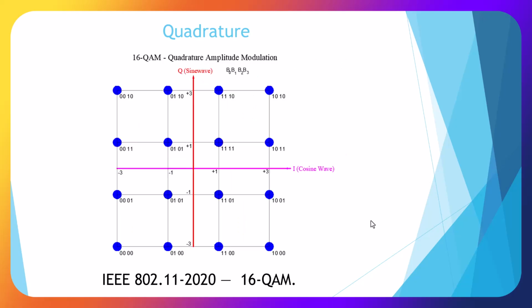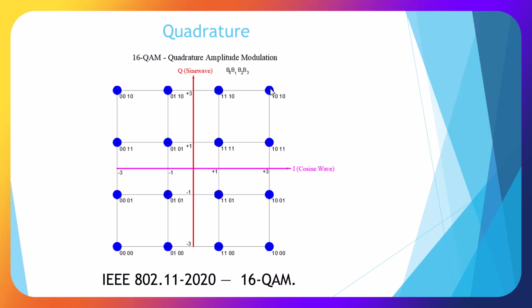Here I'm showing a 16-point quadrature map, and this is 16 QAM, quadrature amplitude modulation, but it's the same for the PSK. And what we've done is we've mapped out these are our first 4. If we had 8, they'd be in between, but this is 16. So at 45, we have 1 1 1 1.